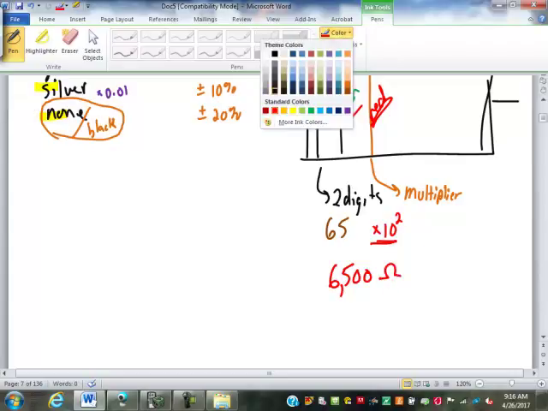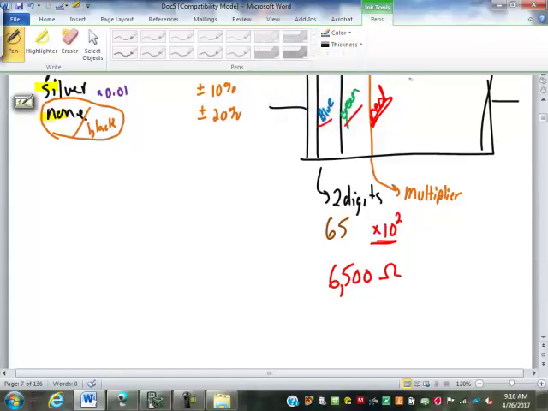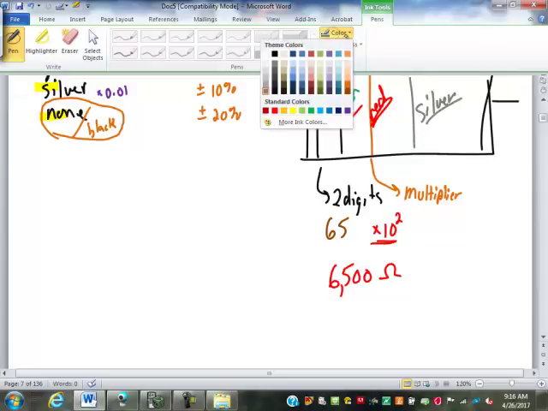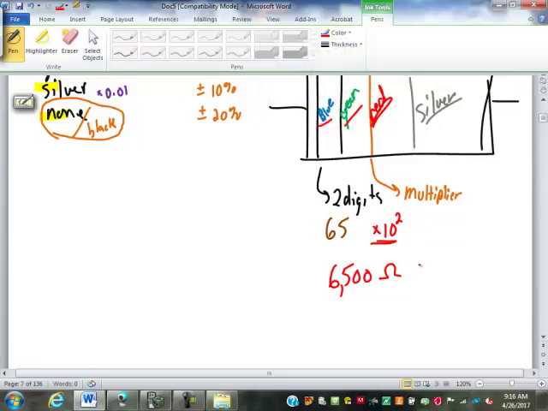And then let's say that the last band, the tolerance band, is silver. So that means that this is plus or minus 10%.